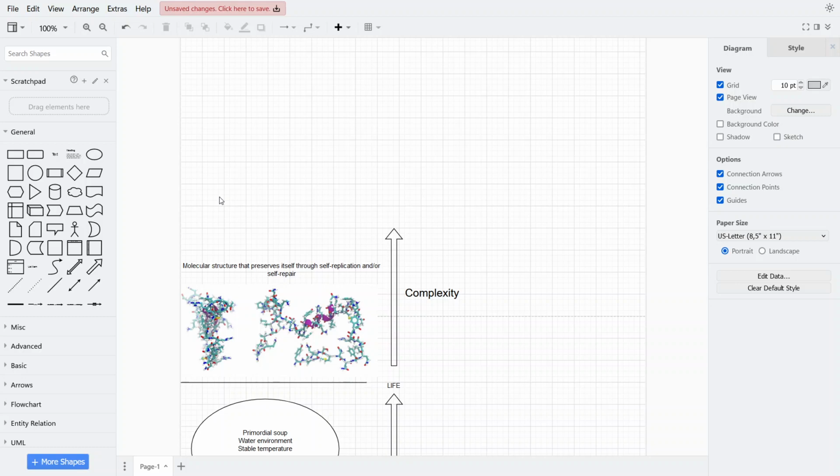And I'm not sure I explained this self-replication stuff enough. It's essentially that what survives in time is a molecular structure that preserves itself. So it's very simple to understand.